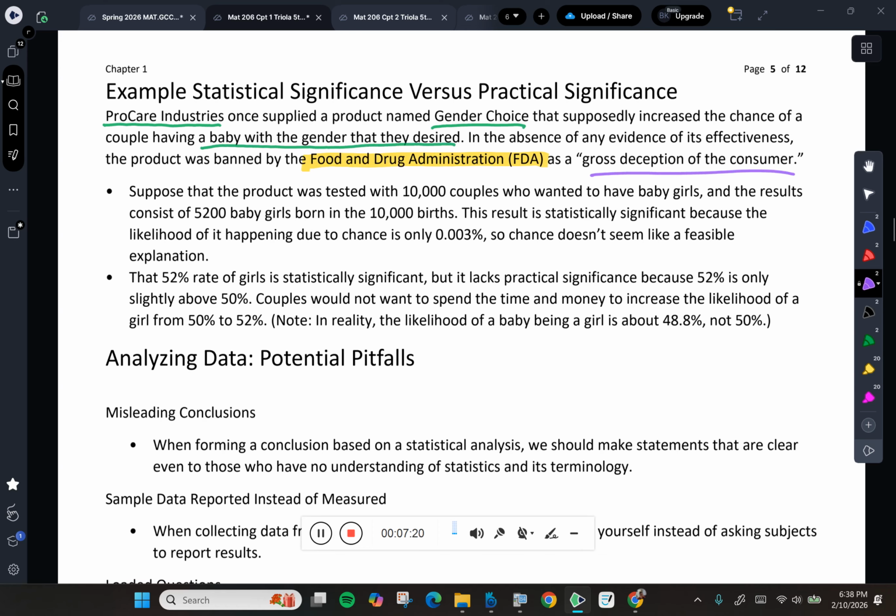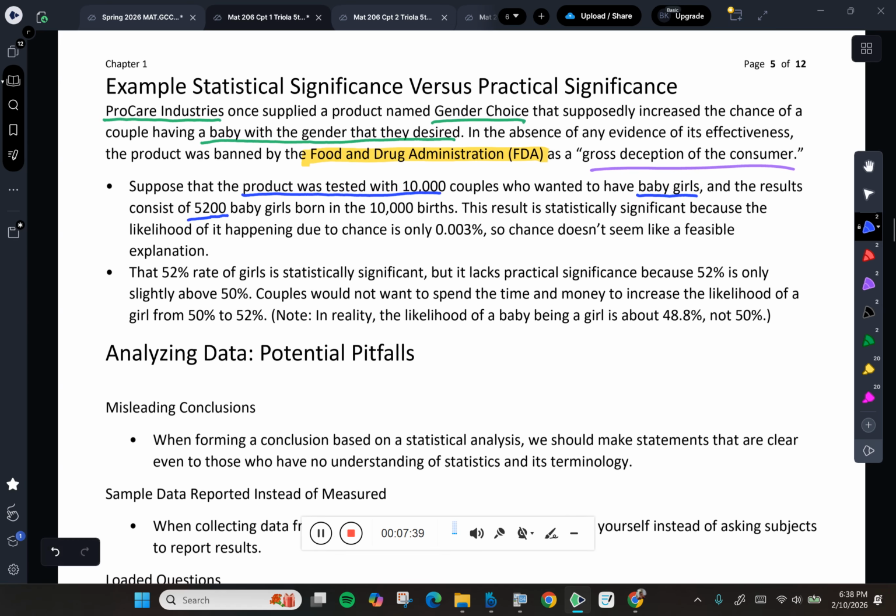But, okay, when we go back and look at the data, suppose that the product was tested on 10,000 couples. And let's say that of those 10,000 couples, they wanted to have baby girls. And the results, the data that was collected, was there were 5,200 baby girls born out of those 10,000 births.